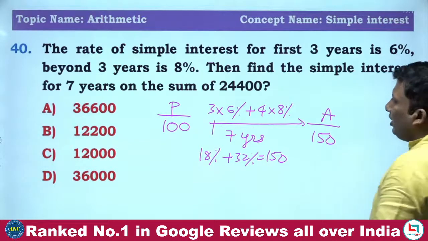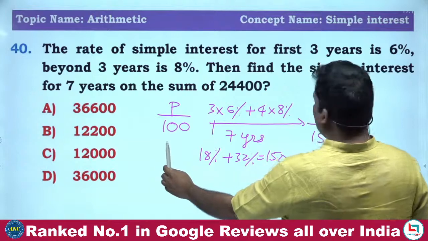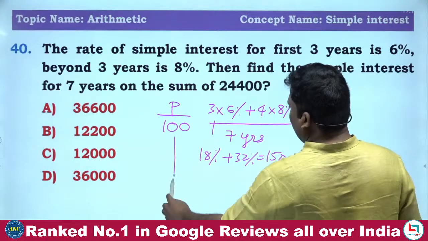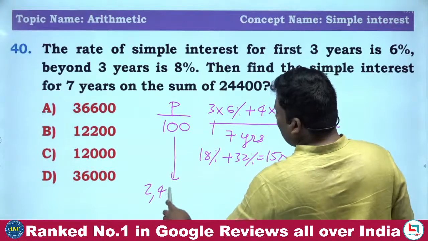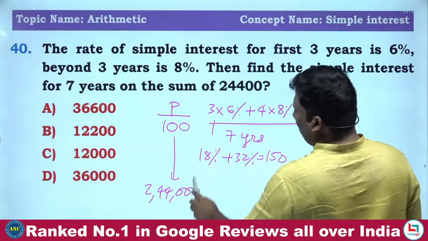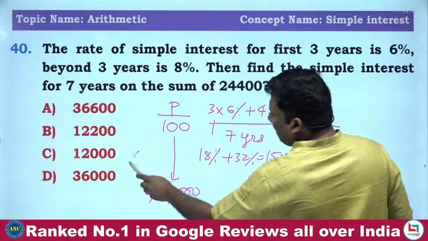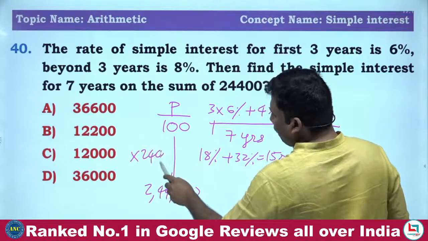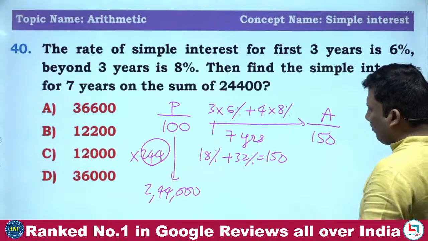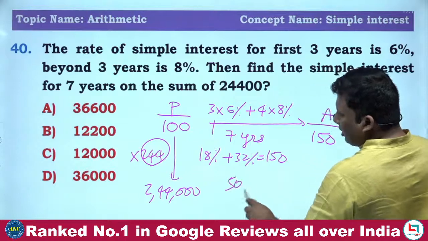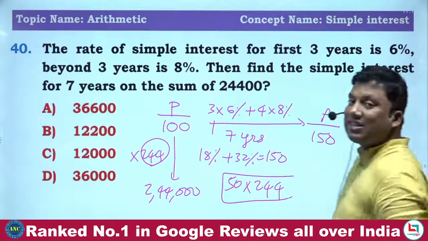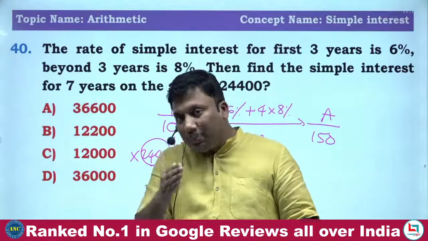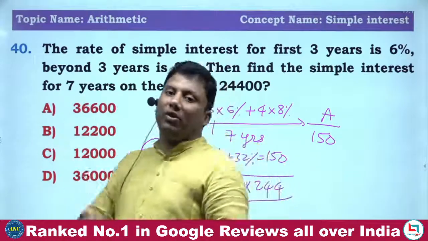What do we require? Find the simple interest. 100 is becoming 2,44,000. Multiplication factor is 244. So it is 50 into 244, because he is asking simple interest, right? Principal 100 is becoming amount 150.